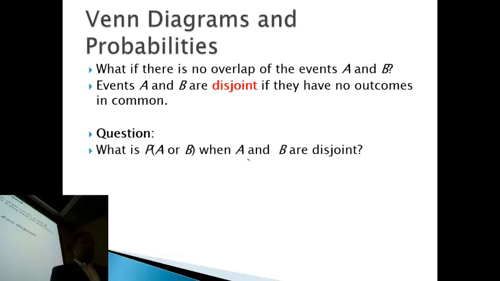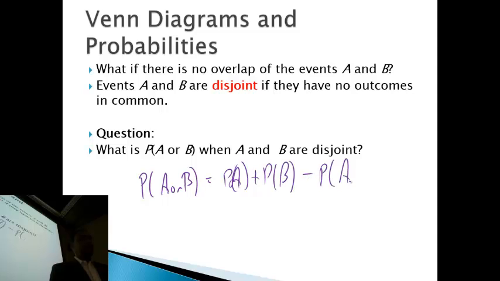So what is the probability of A or B when they're disjoint? Well, you still have the probability of A or B equals the probability of A plus the probability of B minus the probability of A and B. But if they're disjoint, this guy is a big old 0.